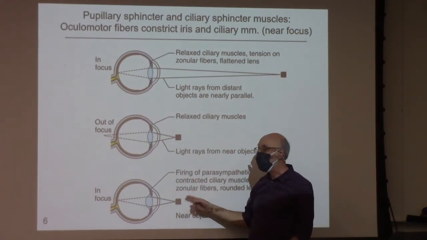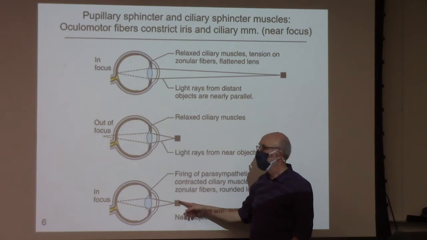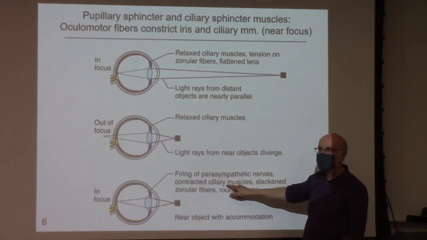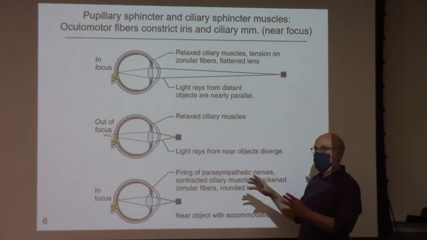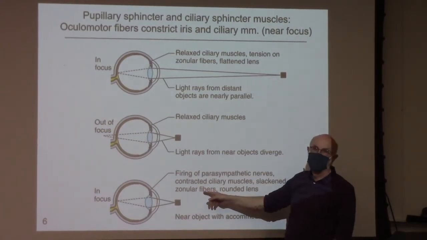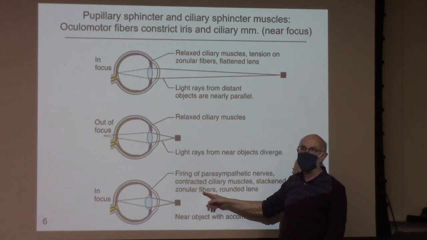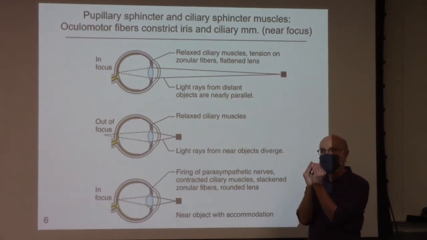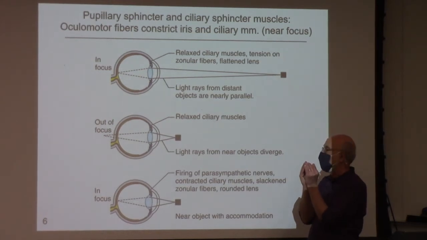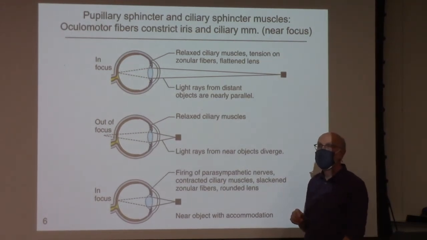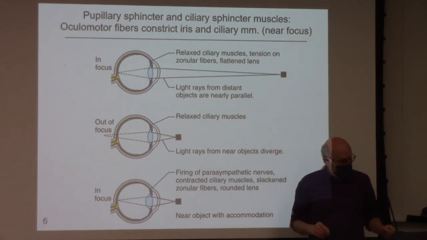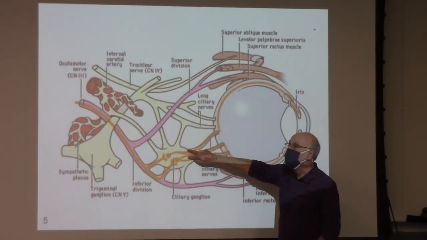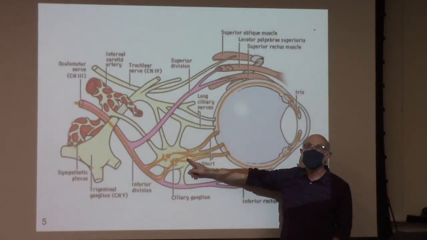And focus on a nearby object requires contraction of the ciliary muscle, low tension on the zonular fibers, and a rounded lens. The nerve that controls this is the oculomotor nerve, and the secondary nerves from the ciliary ganglia.